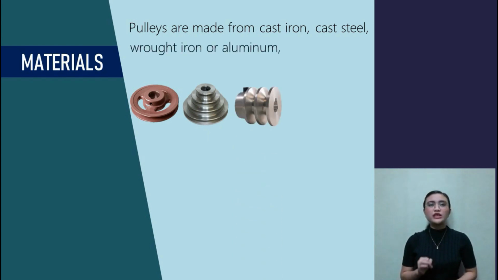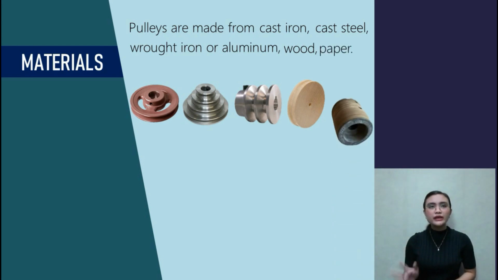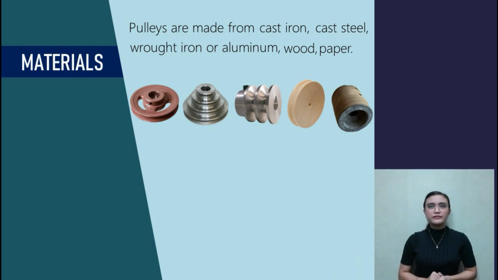It could also be wrought iron or aluminum with high resistance to corrosion, or wood that is lighter and has a higher coefficient of friction. And lastly, it could be paper, for a smaller center distance to transmit power from electric motors.